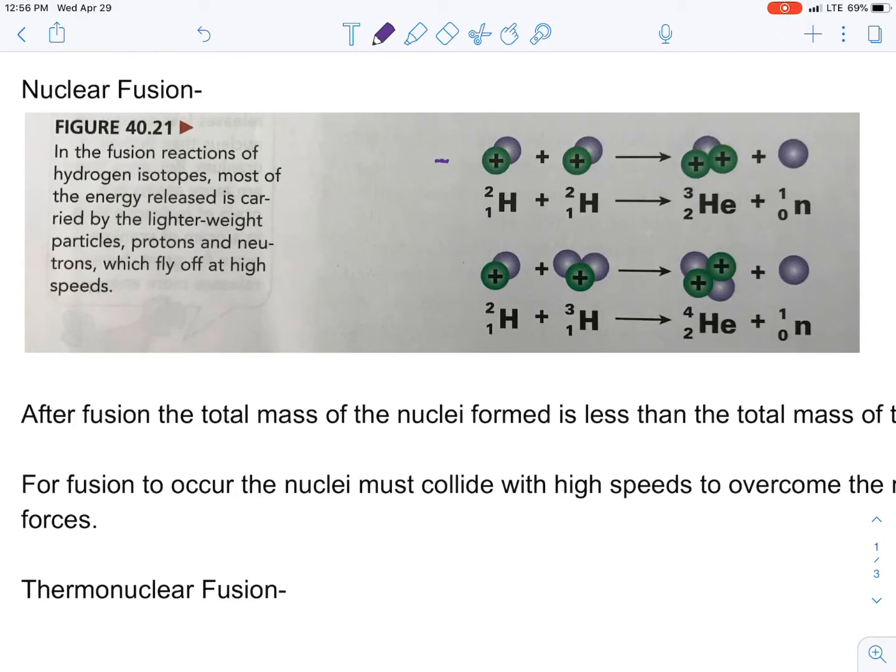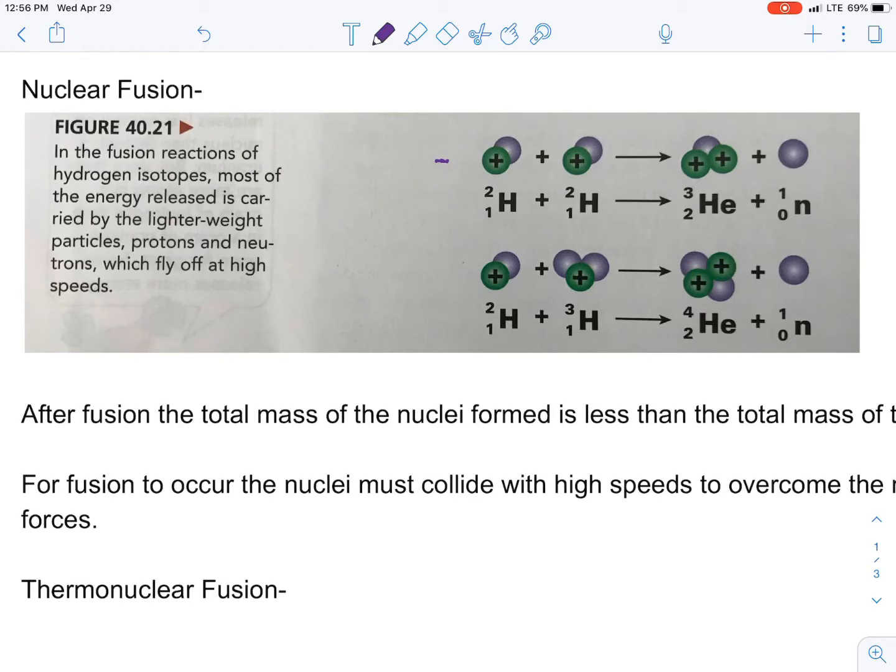We have two deuteriums, and they have to get these things hot enough and moving so fast that they can overcome those positive forces and slam together and become something else. And once it does, it becomes a helium isotope that has only one neutron. And then it gives off an extra neutron. So it just forms a lighter helium, but still a helium.